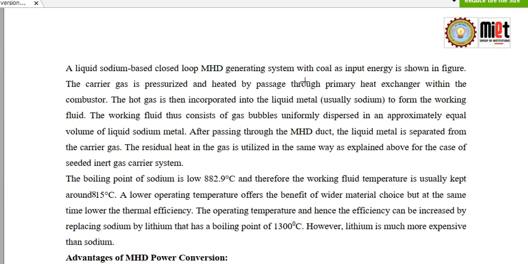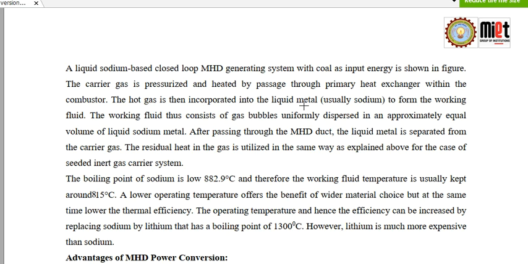In this system, the carrier gas is pressurized and heated by passage through the primary heat exchanger within the combustor. The hot gas is then incorporated into the liquid metal, which is usually sodium, to form the working fluid. The working fluid thus consists of gas bubbles uniformly dispersed in an approximately equal volume of liquid sodium metal. So liquid metal and inert gas are mixed in equal proportions.